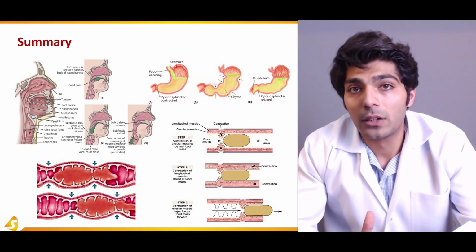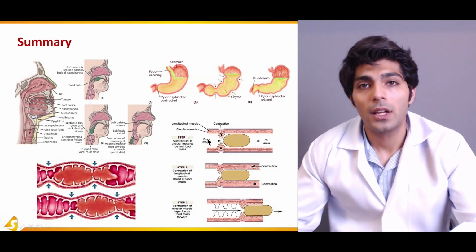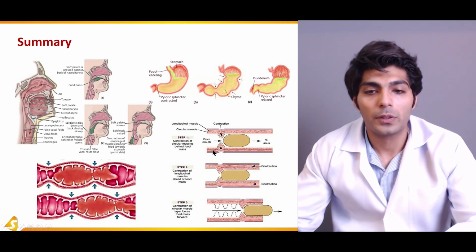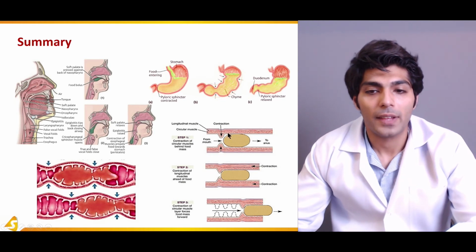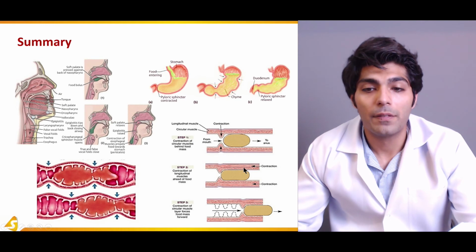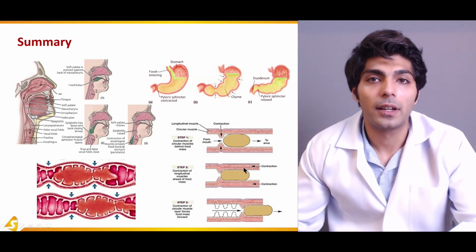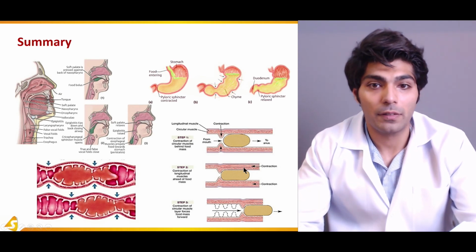There are two muscles, longitudinal muscles and circular muscles, along the wall of the large intestine. There is a contraction of the circular muscle behind the fecal matter, and the longitudinal muscles contract ahead of the fecal matter, so the fecal matter is pushed more towards the anus and is ready for defecation.